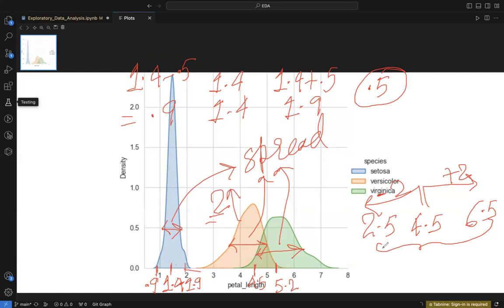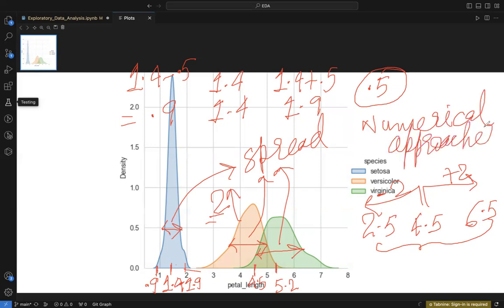So instead of plotting, they used numerical approaches which can help me understand the spread, before plotting tools were developed.